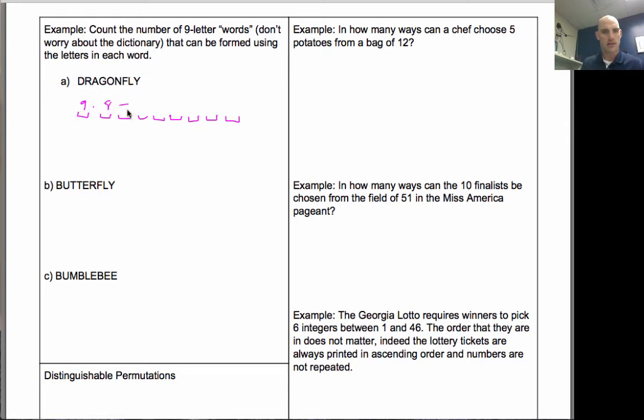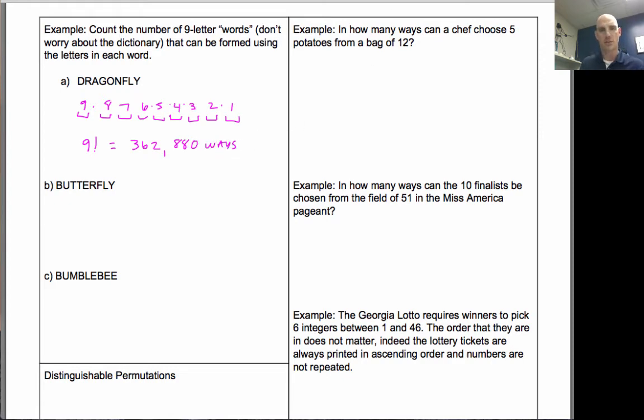Times 8, times 7, times 6, times 5, times 4, times 3, times 2, times 1. The shorthand way to write that is 9 factorial. It said arrangements of letters, it doesn't talk about committees, or about not being repeated, because this is really straightforward. So it's 362,880 ways.